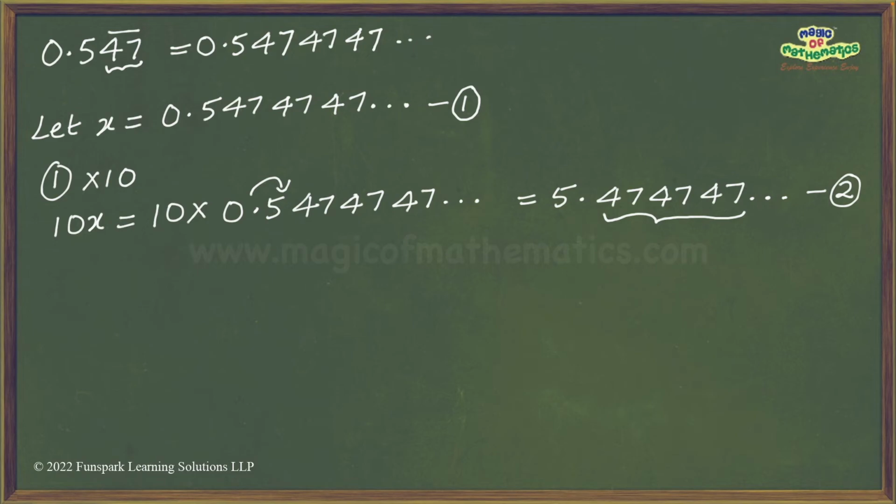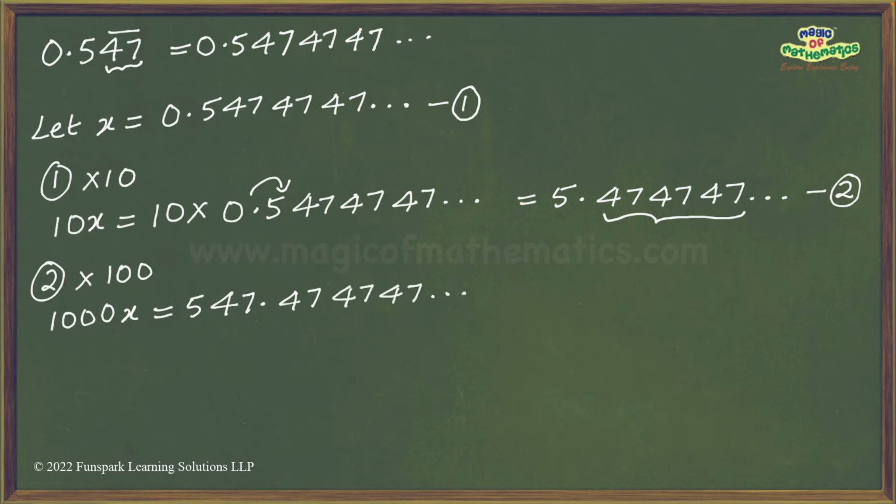I will now proceed as in the previous example. That is, I will multiply equation 2 by 100. This gives us 1000x on the left hand side, and on the right hand side we get 547.474747 and so on.